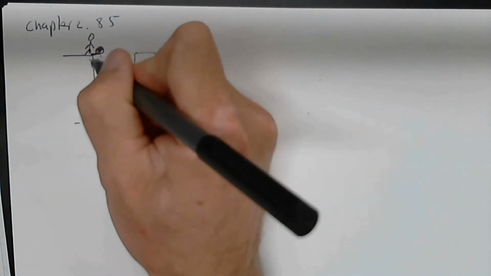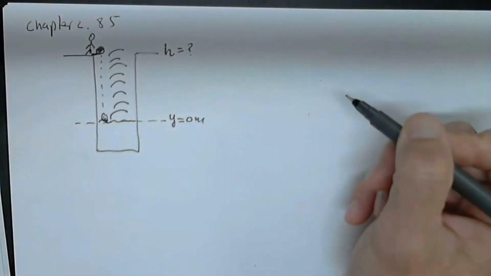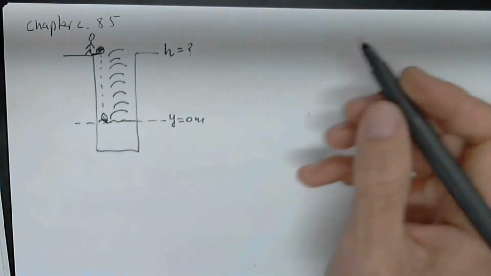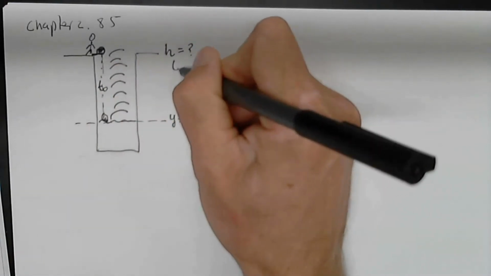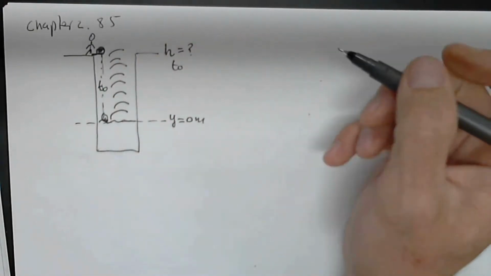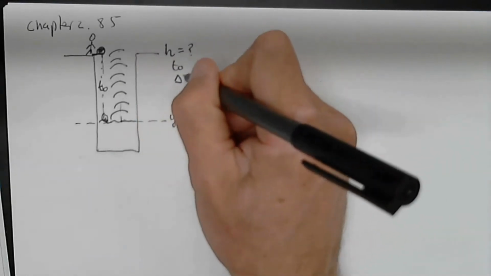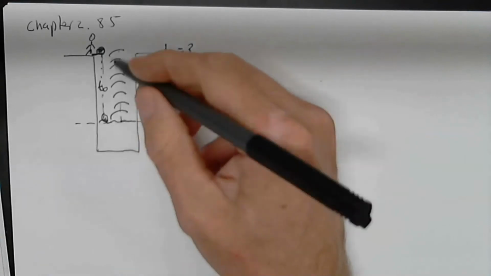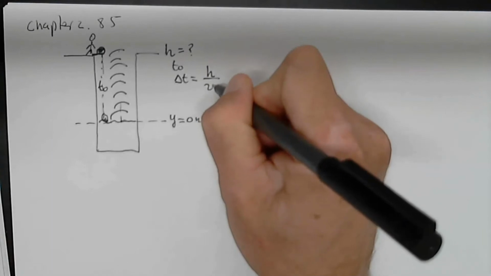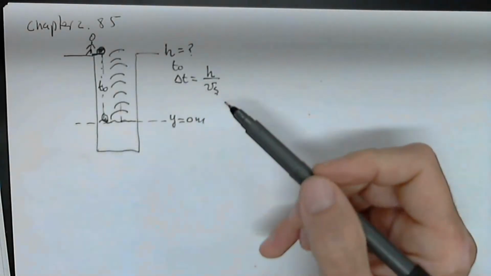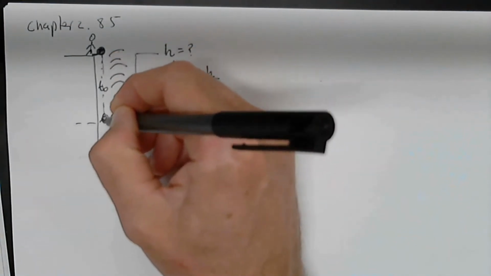So this is H, and that's what is being asked. So this time from going from here to the water is T naught. That is not given. And this time of sound going from here to here, I call it delta T. And that delta T is distance over the speed of sound, so H over Vs. Vs is the speed of sound, and T naught is the time to go from here to here.